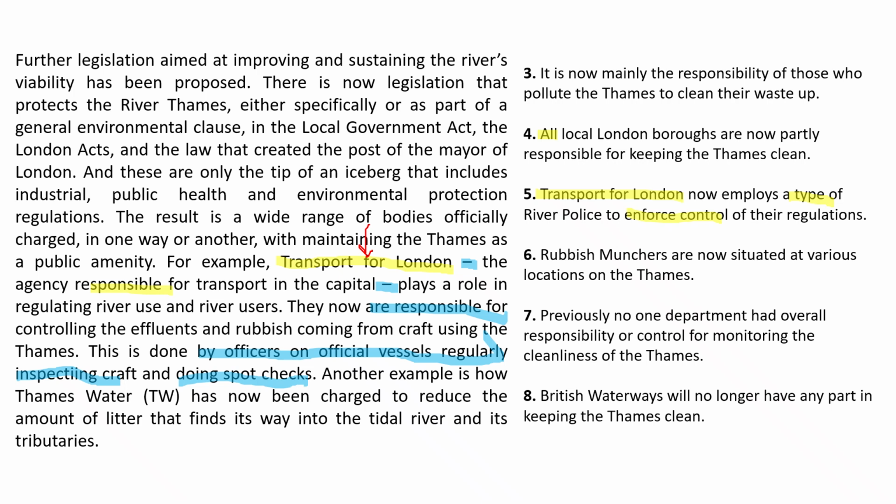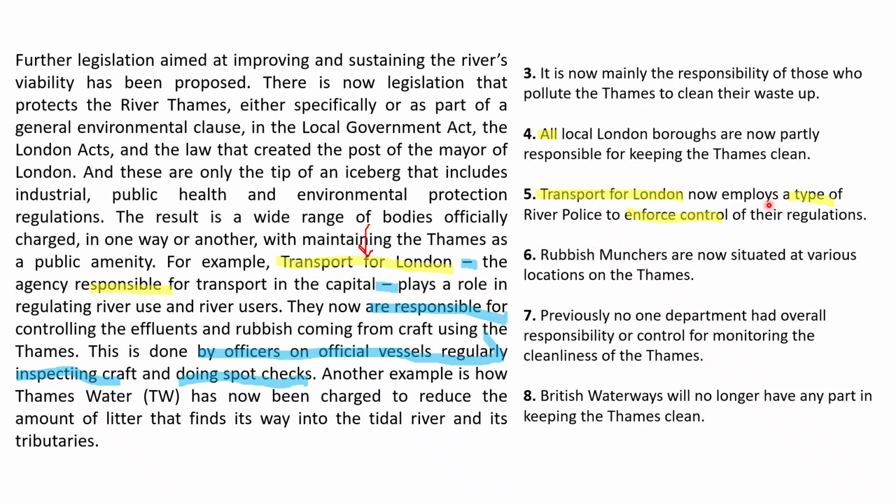So yes, it is true that Transport for London, an agency responsible for transport in the capital, did in fact hire those people. You can see inspecting craft and doing spot checks. So they are patrolling, and people who patrol are kind of police. So it's a type of police, and they are employed by Transport for London.